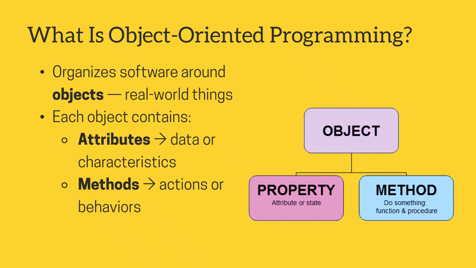Now, you'll notice something. The attribute describes the state of the student, who they are, what they're studying, and so on. The method describes the things they do: enrolling, dropping, updating, calculating. So when you hear object, I want you to think a specific thing in the program that stores data and knows how to do certain actions.